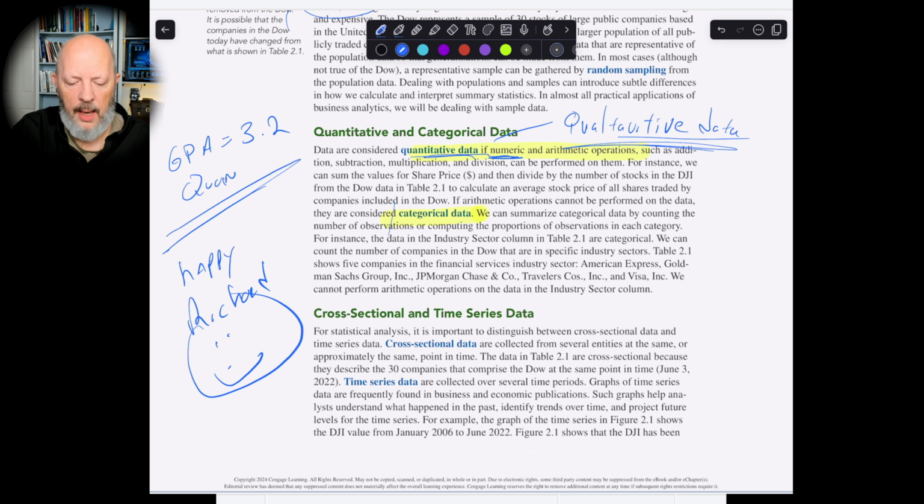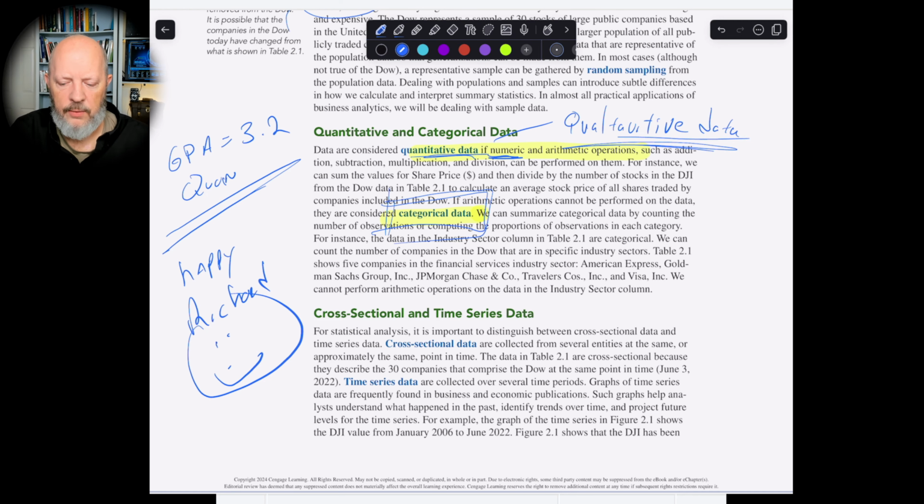Now, categorical data, that's things that we throw in buckets. If you look at the Olympics, first place is a categorical variable. Second place is a categorical variable. So if we look at all the first place medals, we know the runners got X amount of time.